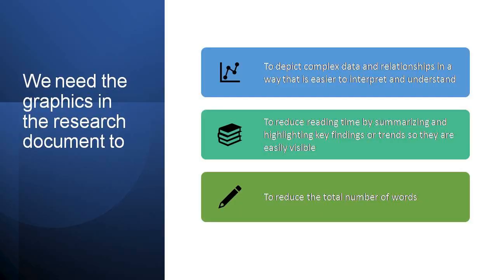It also reduces the total word count, because when you explain a complex relationship in text, this will need a lot of time and a lot of space. So this will save the reader's time too.